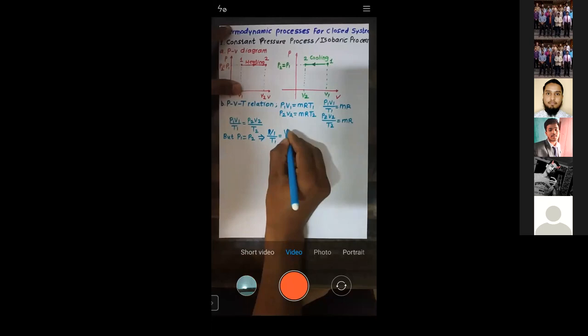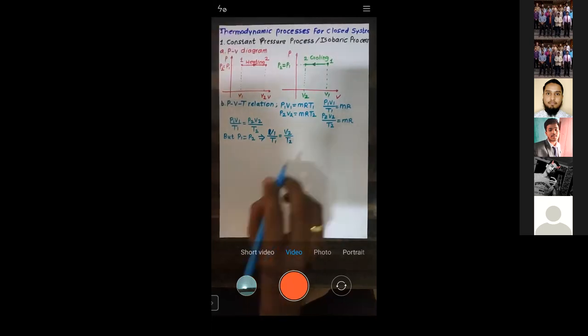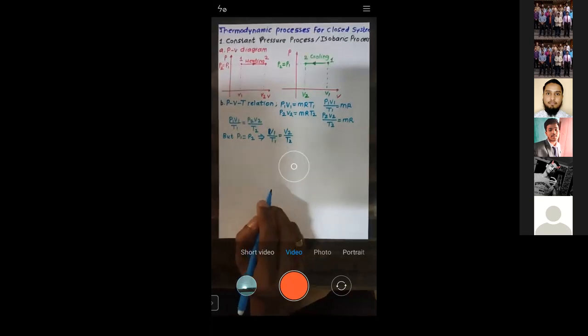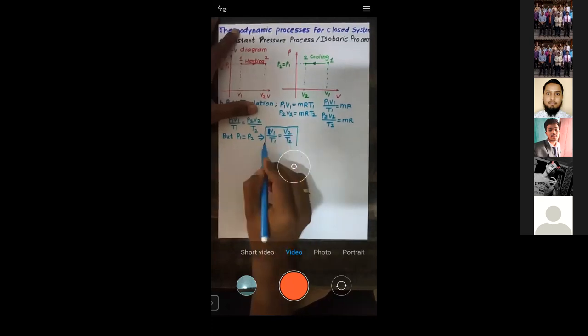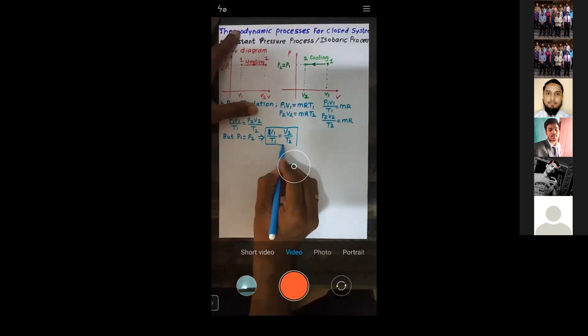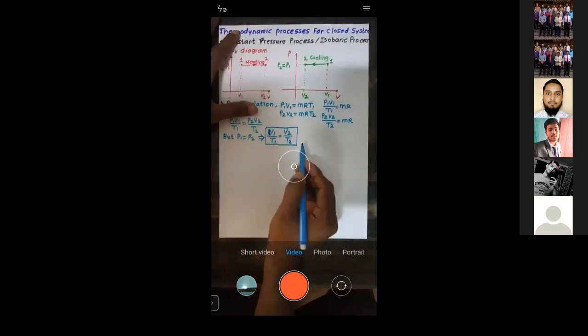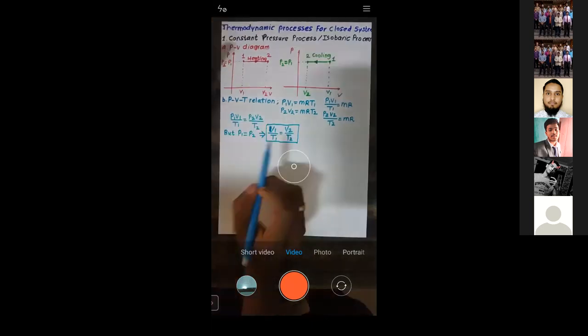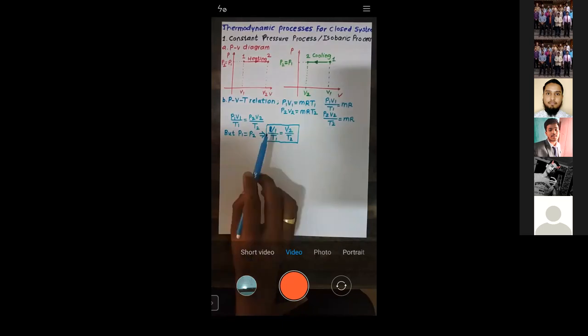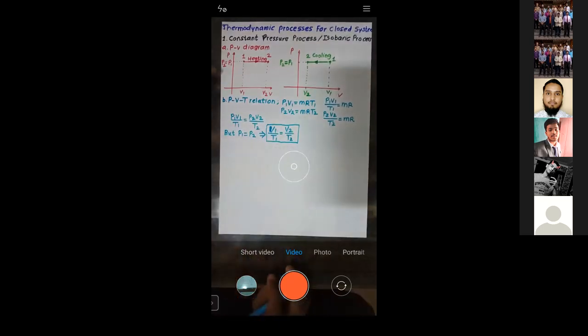Is that okay? This is the relationship between volume and temperature when pressure is held constant. Because when pressure is constant, P1 and P2 get cancelled. So what remains is V1 by T1 is equal to V2 by T2. Whenever pressure is held constant, this is the relationship between volume and temperature. Is that clear?